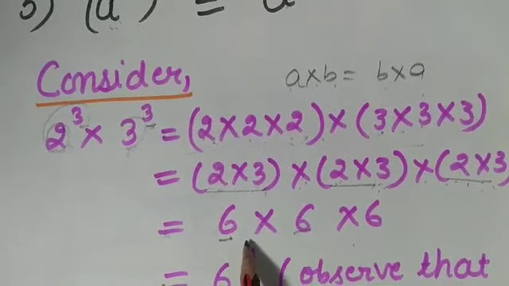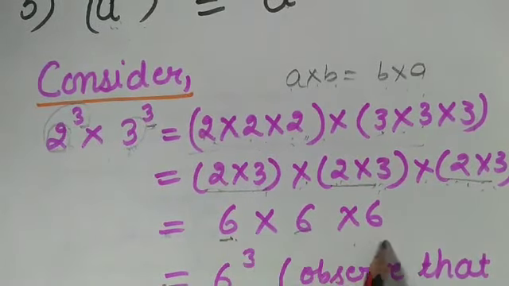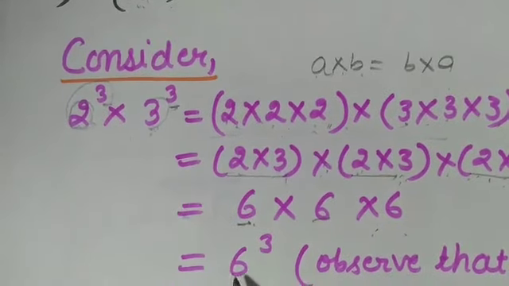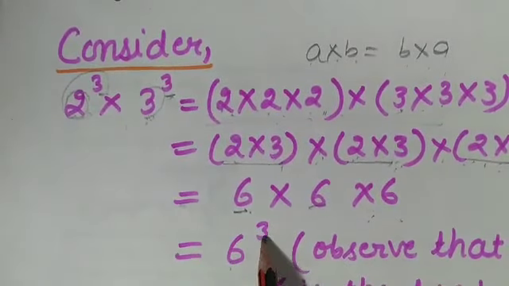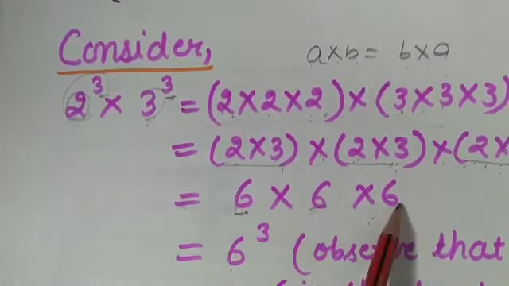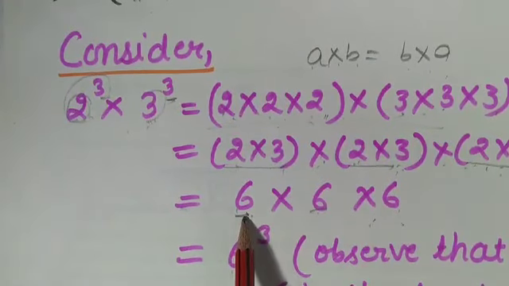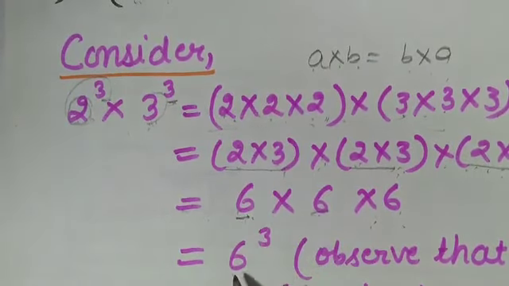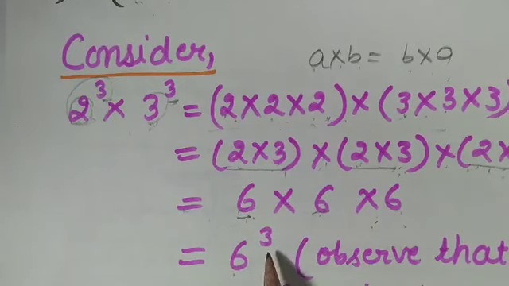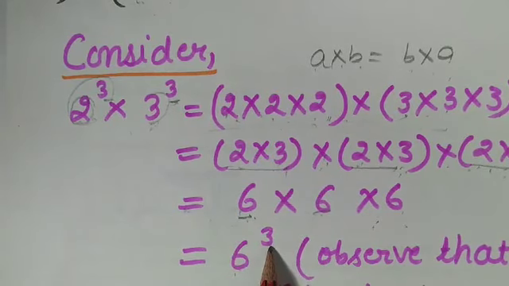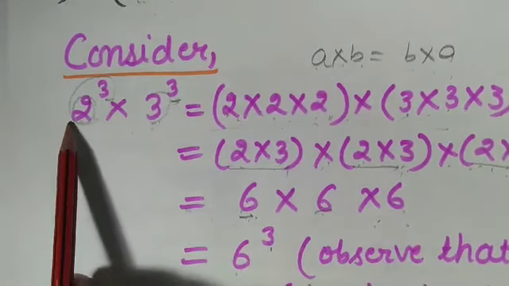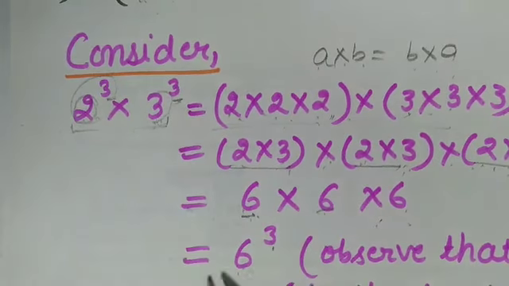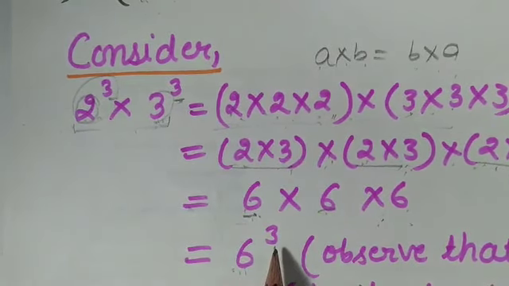Here I am getting 6 multiplied 3 times. So this can be written as 6 raised to the power 3, because 6 is multiplied 3 times. So overall, on solving this, I am getting 6 raised to the power 3.